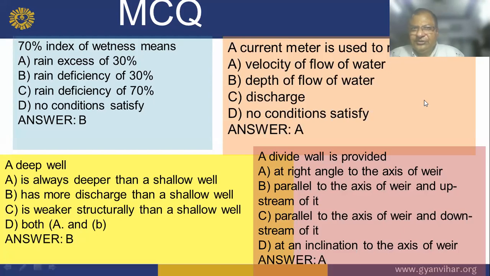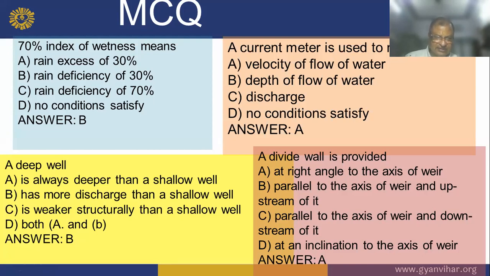And the next question: 70% index of wetness means, just as you have read. Correct answer is B, rain deficiency of 30%. And next question, a deep well. So what is the correct answer?